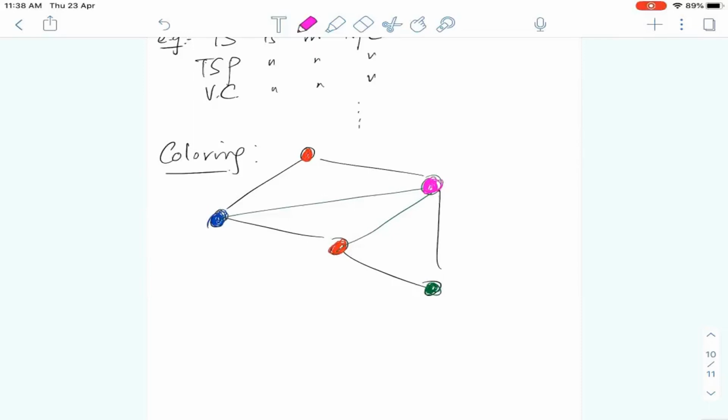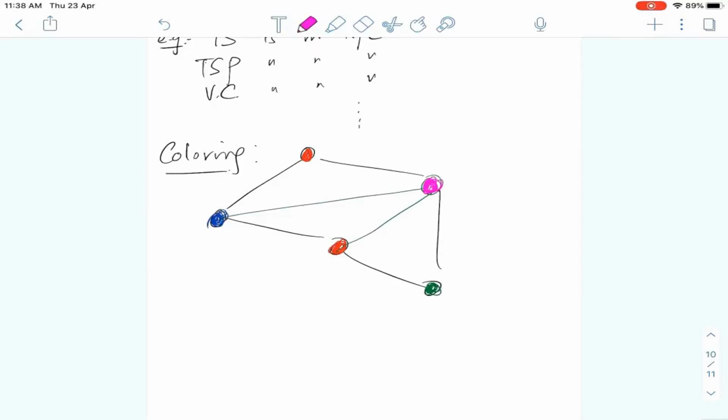But do you think this is a problem in NP? If I ask you the following question, that given a graph, can you color this correctly with K colors, is this problem in NP? Can you verify this in polynomial time?